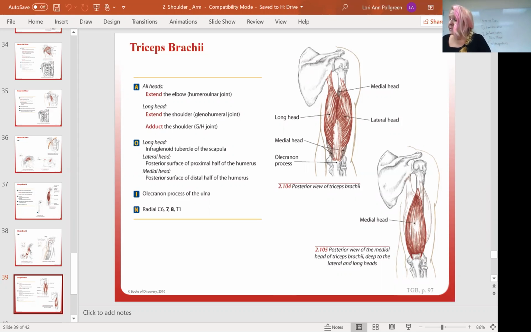So long head extends the shoulder and it adducts the shoulder. And it also, because of all heads, extends the elbow. I want you to highlight its insertion is that olecranon process of the ulna. The olecranon process of the ulna.